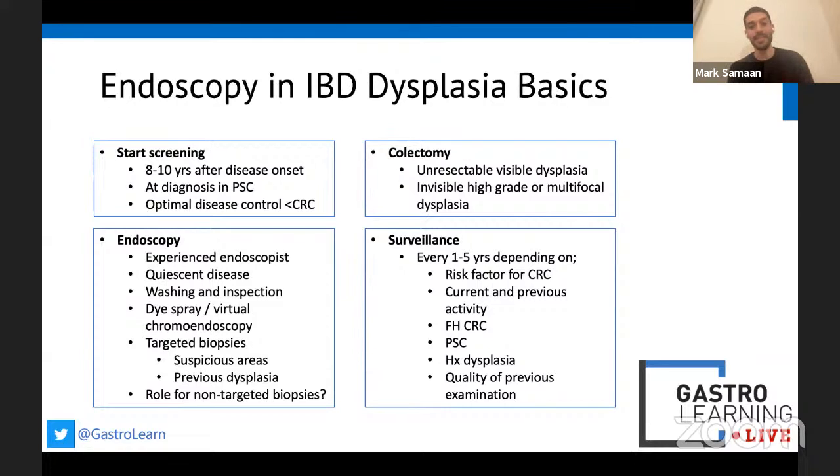And honestly, it's so subtle. When you start doing dye spray endoscopy for colonic IBD, you end up taking a lot of areas away that look a little bit funny, and your histology comes back as relatively normal or post-inflammatory polyp. But I still think you need to spend that time and look really carefully. And the prep needs to be good.